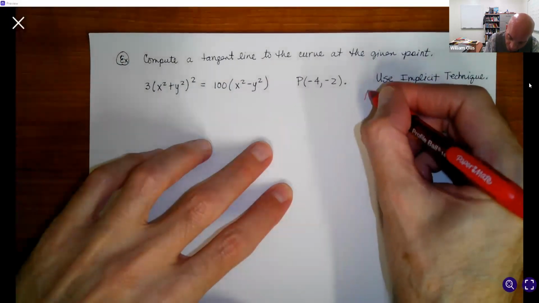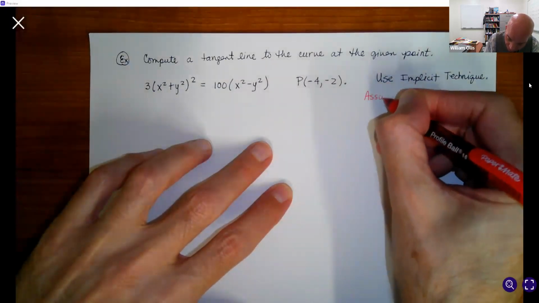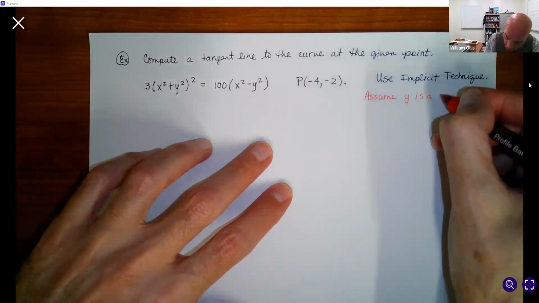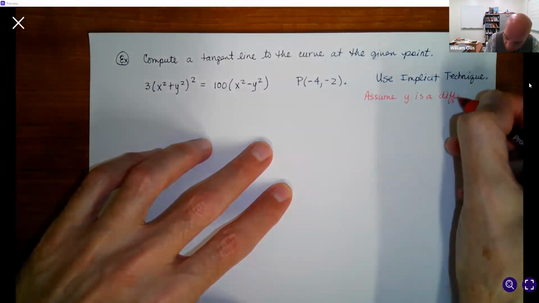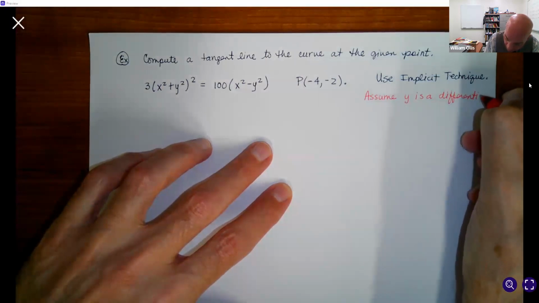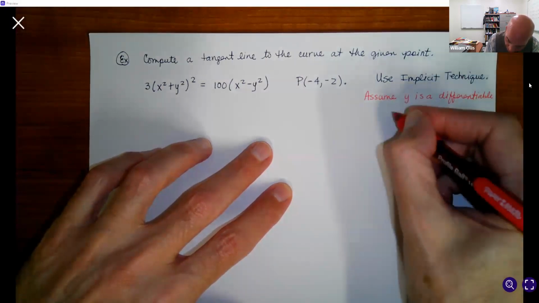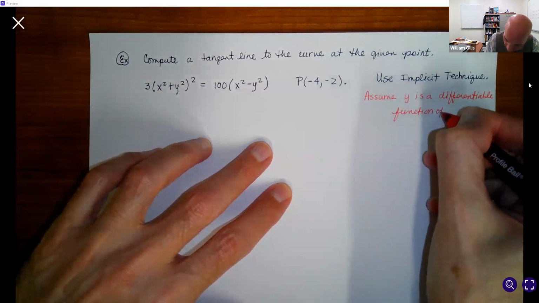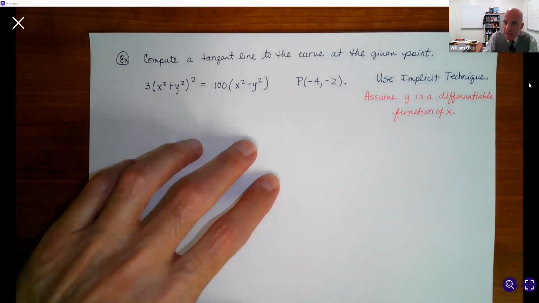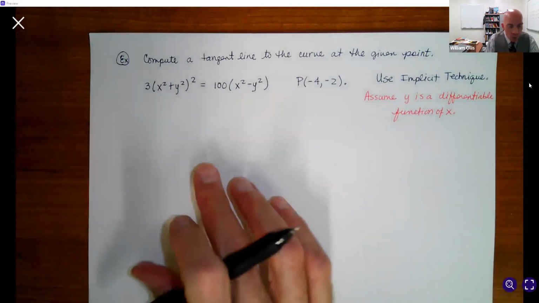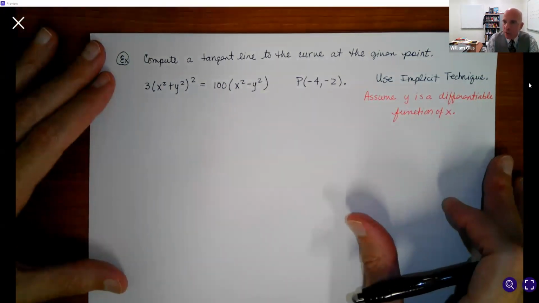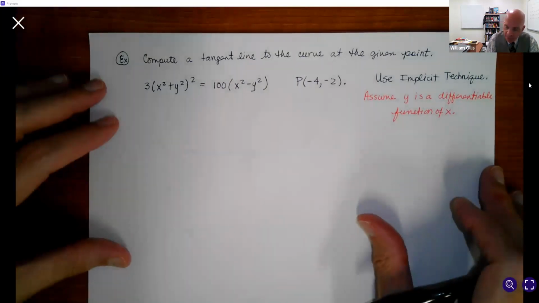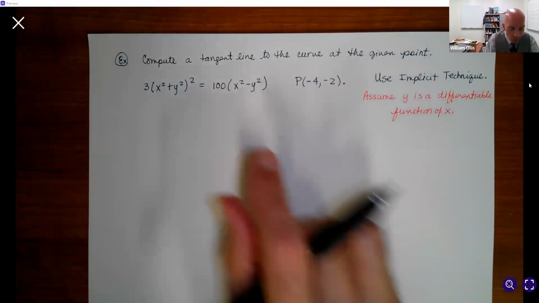So again, we will assume y is a differentiable function of x. So when you set out, you have to decide what are the independent variables? There's only one here, and what's the dependent? And so then you can move forward with this.